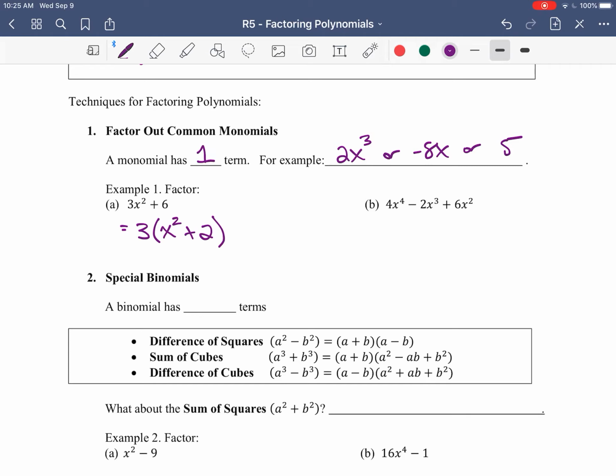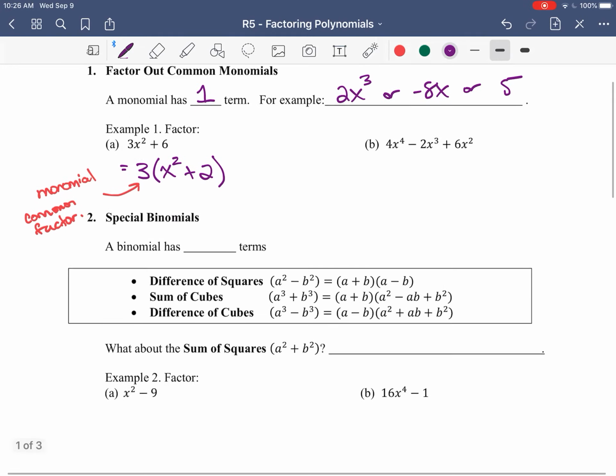So that would be 3 times x squared plus 2. This little 3 here is our monomial that we factored out. Sometimes we would call this a common factor because it was common to both terms. I'm going to leave part B for you to do.